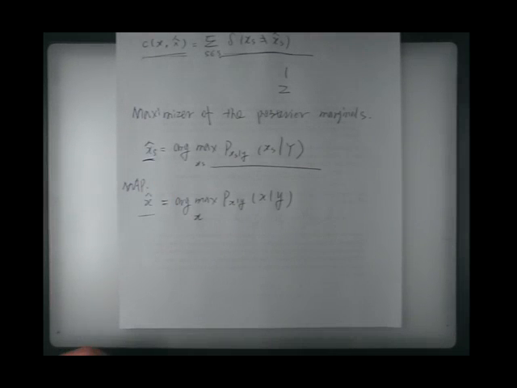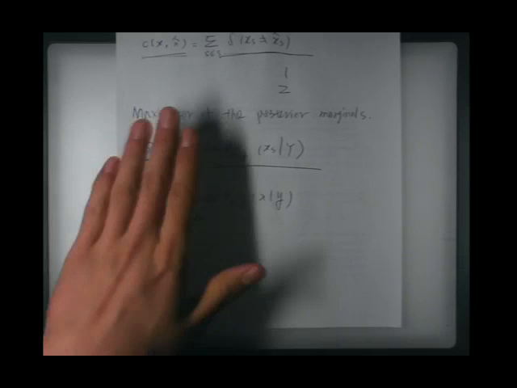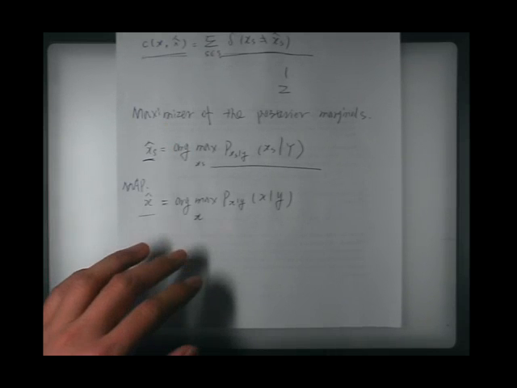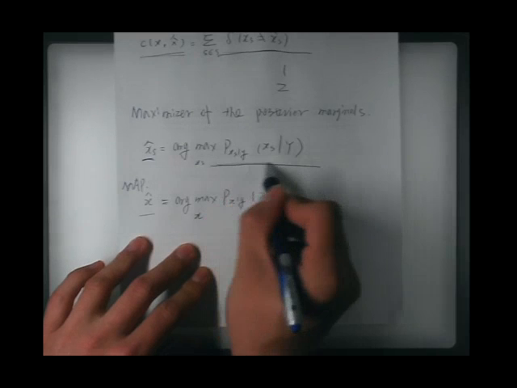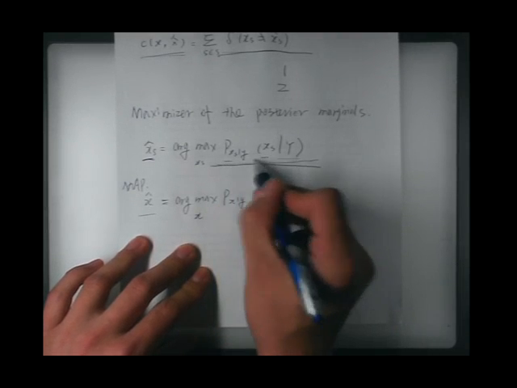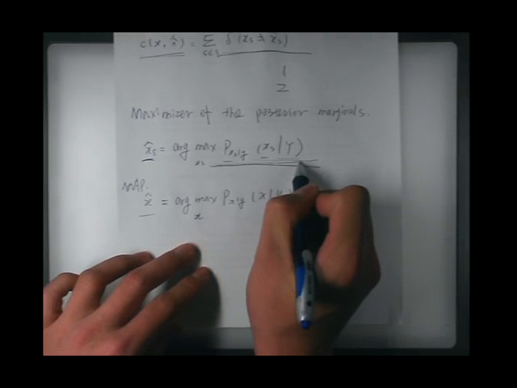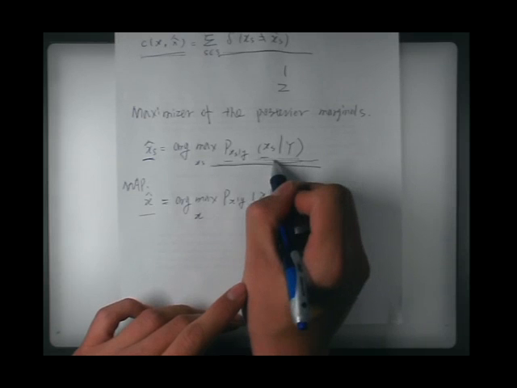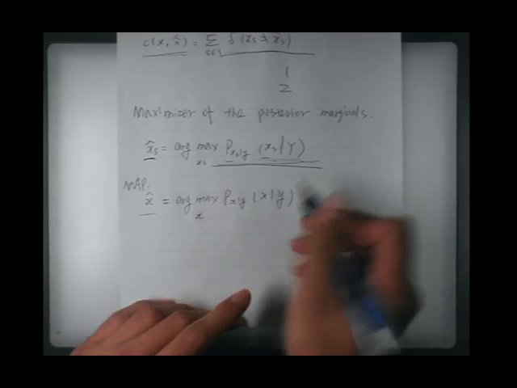What's the difference? Maximizing individual pixels. Yeah, that's correct. And more precisely, the first equation here, the MPM equation, this p of xs given y is the marginal posterior distribution of this xs. This one is the posterior.